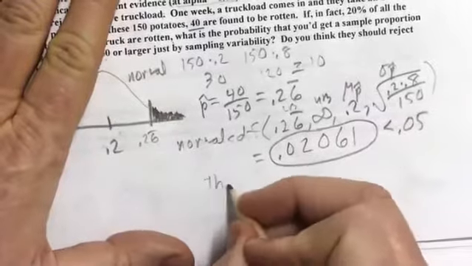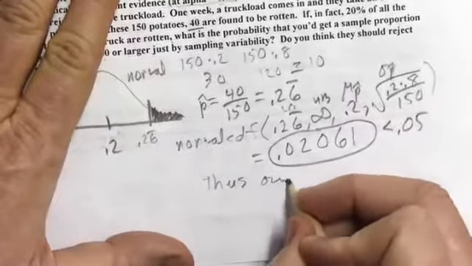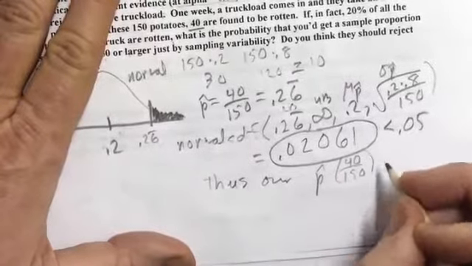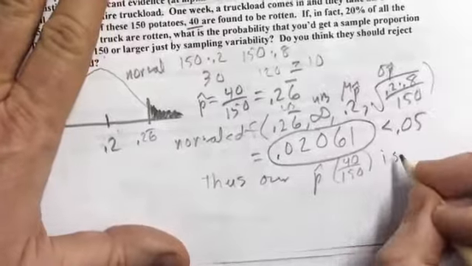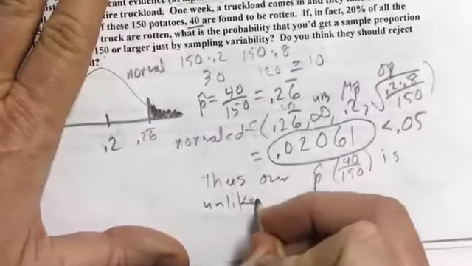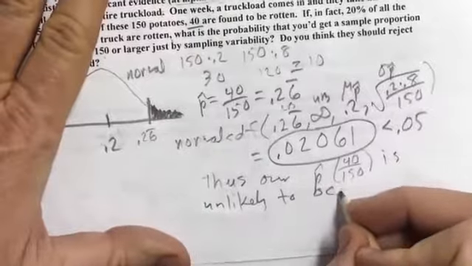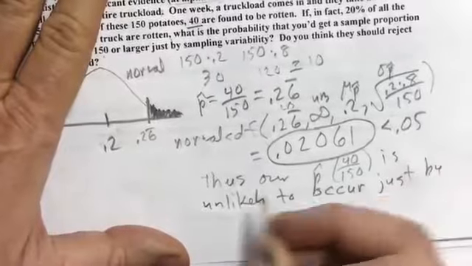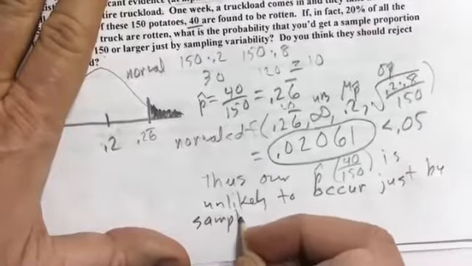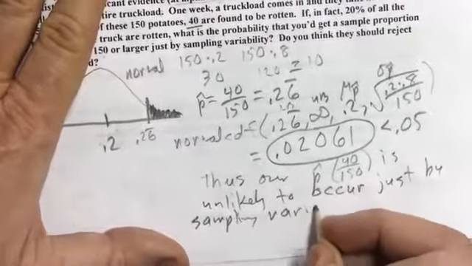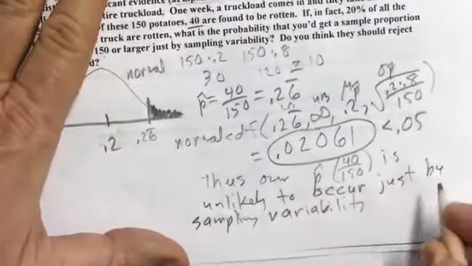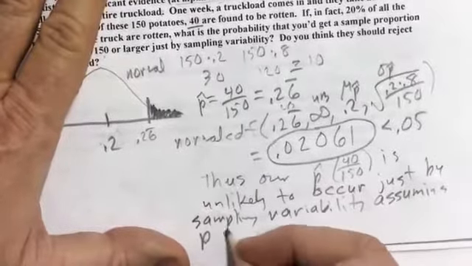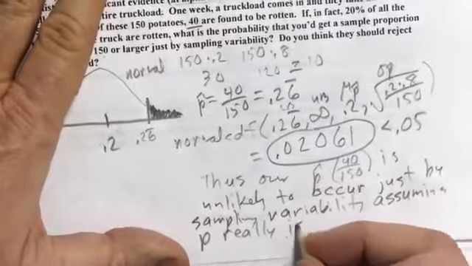So thus, our p hat, 40 out of 150, is unlikely to occur just by sampling variability, assuming that p really is 0.2.